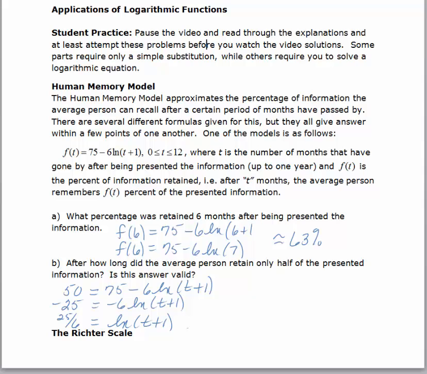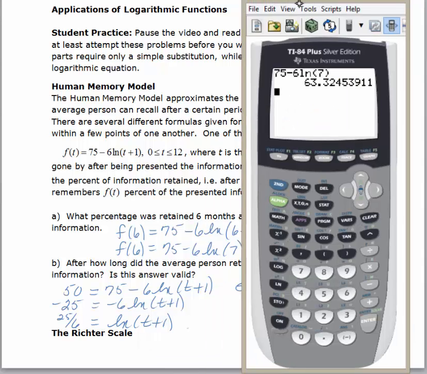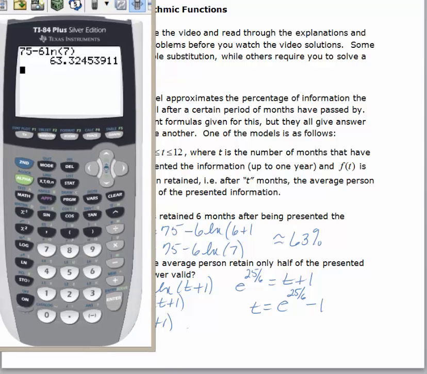I can now change this to exponential form. So the base is e. E to the 25 over 6 equals t plus 1. Subtract 1 from each side. That gives you t is equal to e to the 25 over 6 minus 1. Let's evaluate that in our calculator.